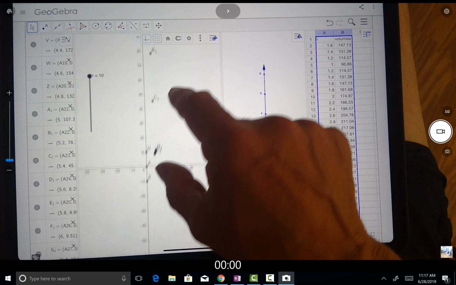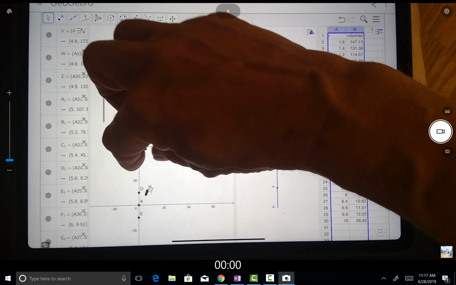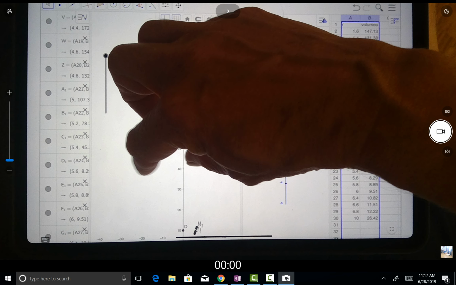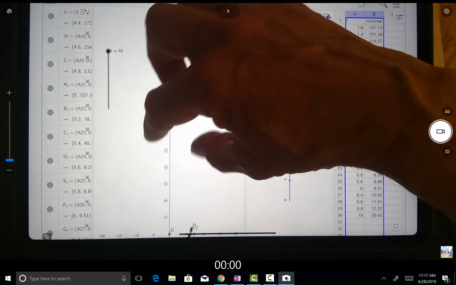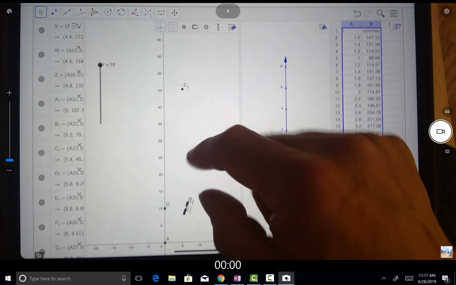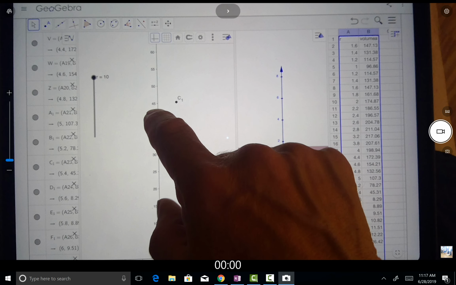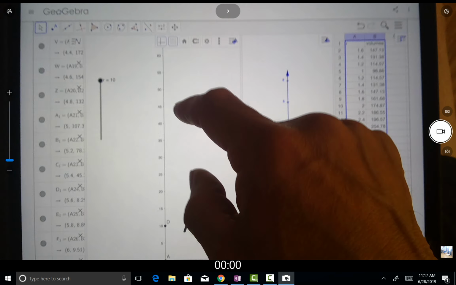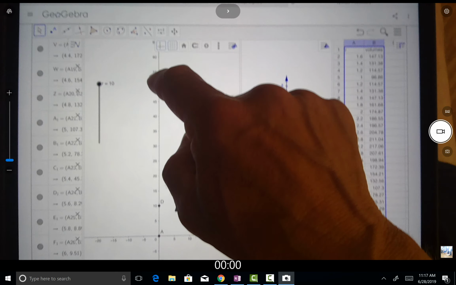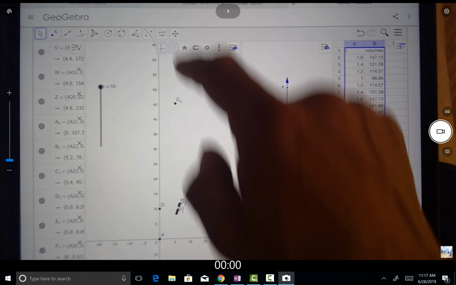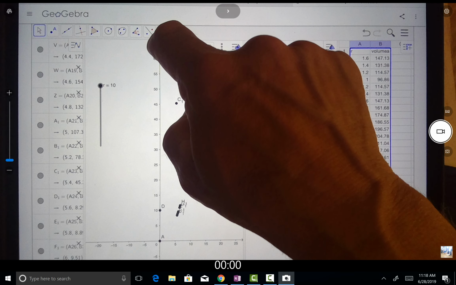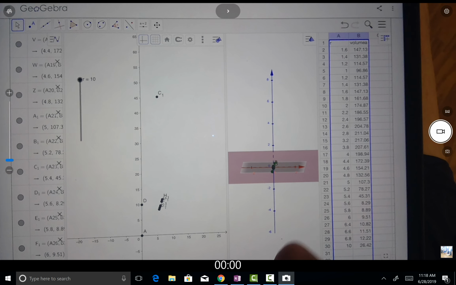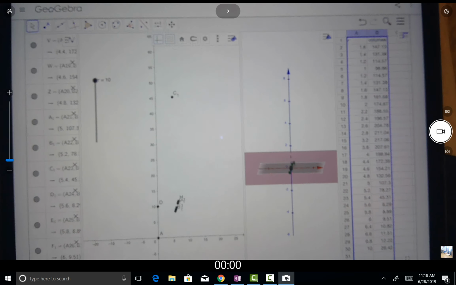I don't know if I'll be able to, but here we go. So if you change your dimensions just right, which I'm not getting a right click there. So if you right click on this, you can change your dimensions, and right click on this, you can change your dimensions so that you get a nice curve.